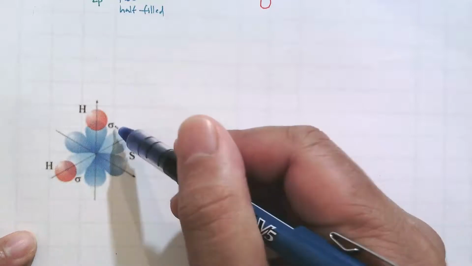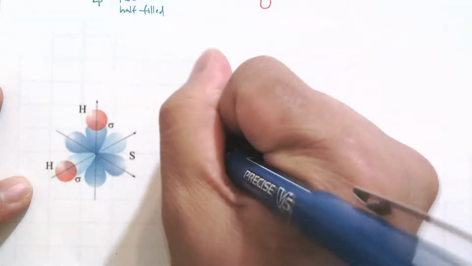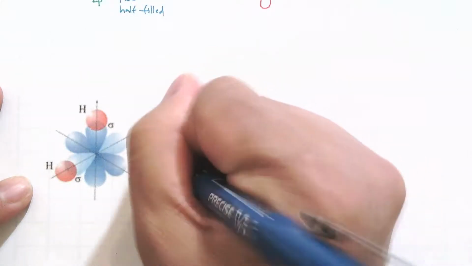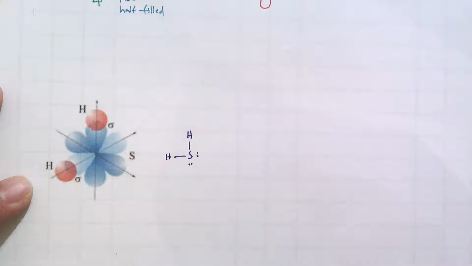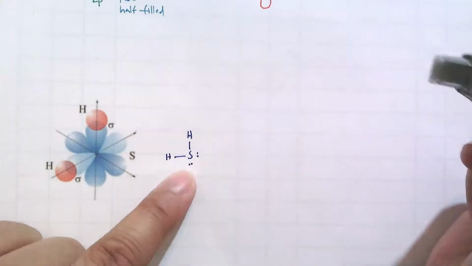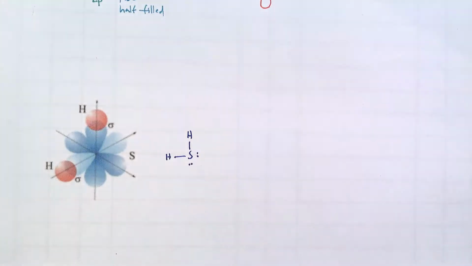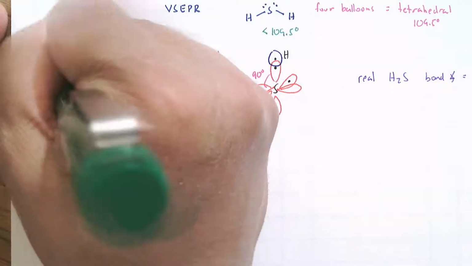Those are sigma bonds. And it looks like this. H, H, no. Wait, how many lone pairs are there? There are 2 lone pairs. Don't forget that we have a 2s that has 2 electrons.